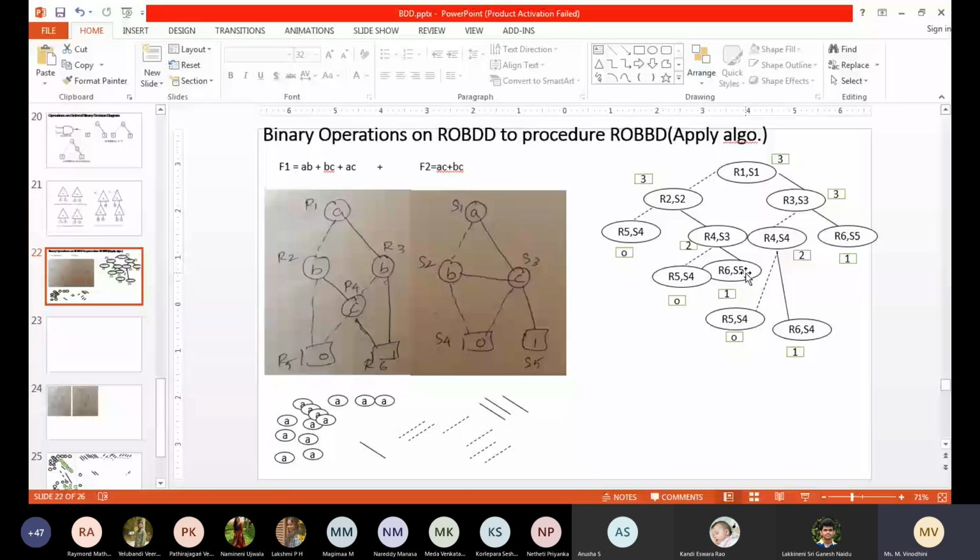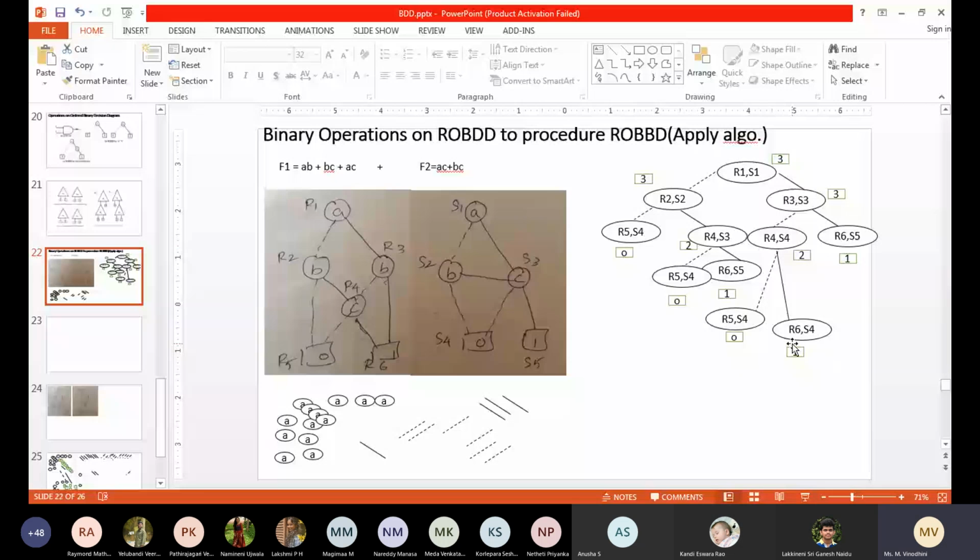So this is OR operation. Then S5, R6 here. S5 is 1. R6 is 1. So 1 plus 1, 1. So based on the OR operation, I am finding out a value for all the lowest nodes. And based on that, using the reduce algorithm, I'm going to fill the highest nodes.